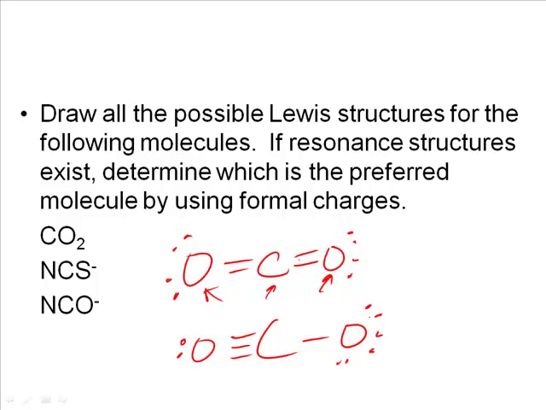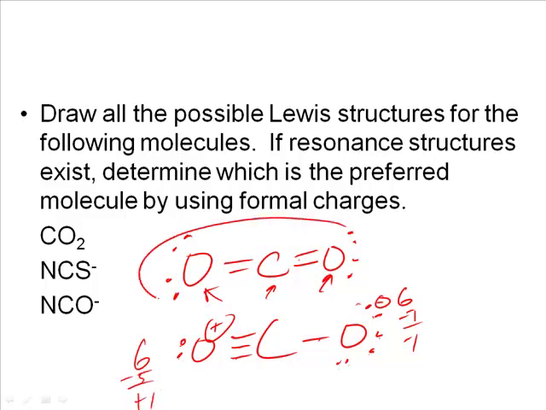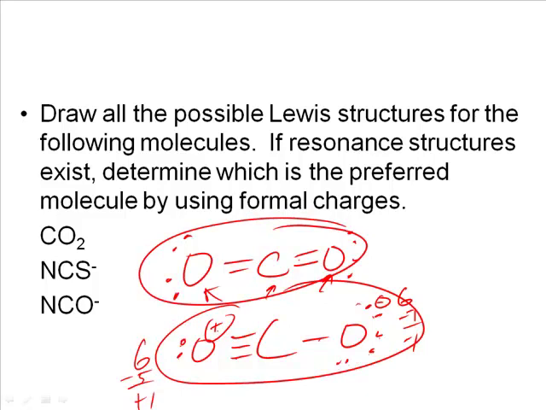Here we're going to have a formal charge of 6 minus 1, 2, 3, 4, 5, 6, 7 equals negative 1. So this is negative 1. The carbon's 0, but this oxygen is going to be positive 1. 6 minus 1, 2, 3, 4, 5. Positive 1. So here we've got no formal charges. Here we do have formal charges. That one does not best represent the molecule, and that's why when we draw CO2, we always draw 2 double bonds instead of a triple and a single.